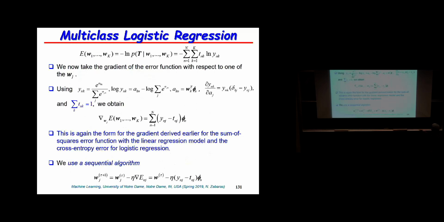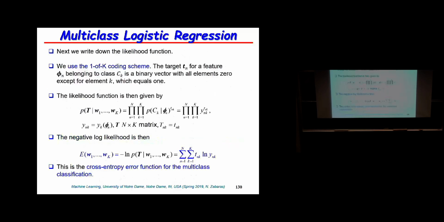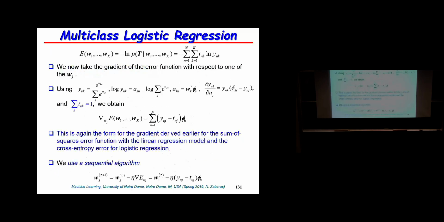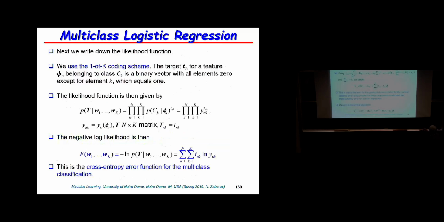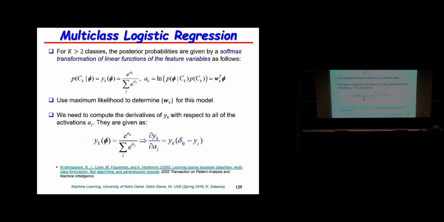All right, so this is again the same equation. So we need to calculate the gradient now with respect to the parameters wj. Remember, alpha j is, for each class we have a different alpha j, and each of those has a different wj. So each class has its own vector of parameters.